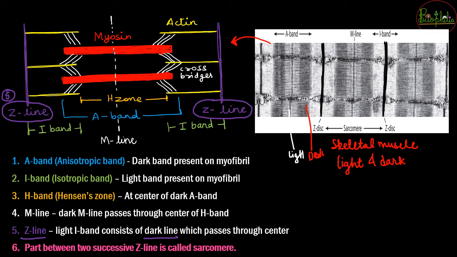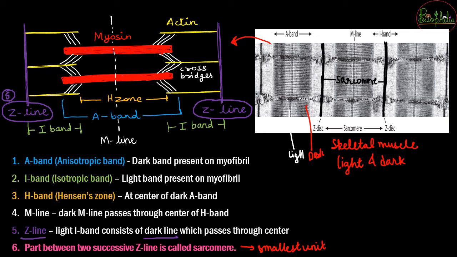So very important to understand कि दो Z lines के बीच का जो part होता है, what is it? It is one sarcomere, and this one sarcomere is a single unit, the smallest unit. What is sarcomere? Sarcomere is going to be the smallest unit of the muscle fiber. So that is its importance. और sarcomere किसको बोलते हैं?